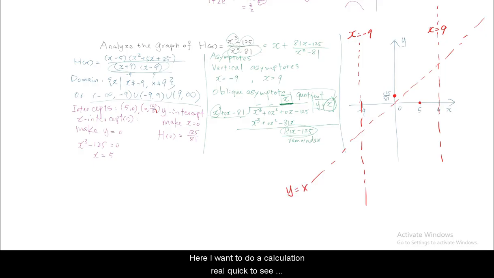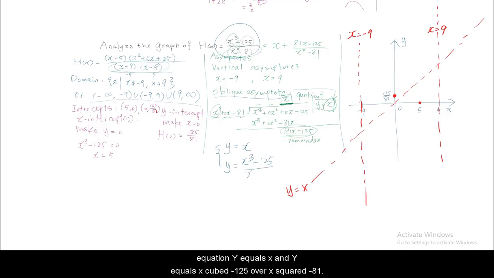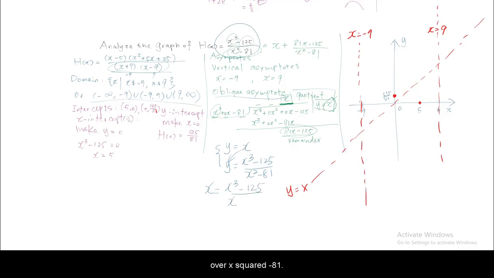Here I want to do a calculation real quick to see if our oblique asymptote actually intersects our function h. So I will make a system of equations, y equals x and y equals x cubed minus 125 over x squared minus 81, just to see if our graph will intersect the line y equals x. So use substitution, we have x equals x cubed minus 125 over x squared minus 81. Do the calculation real quick.